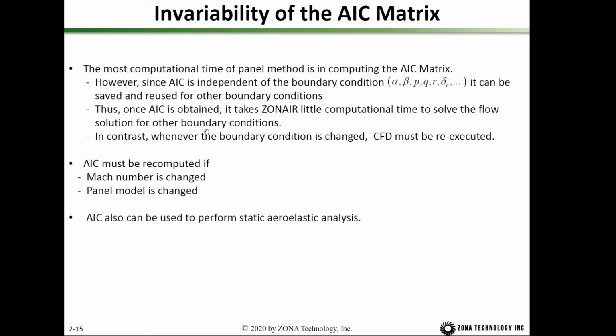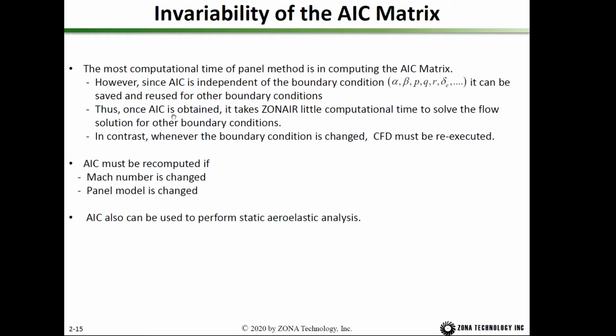So the most computational time of the panel method is in computing the AIC matrix. However, since the AIC is independent of the boundary conditions, the angle of attack, sideslip angle, pitch rate, roll rate, yaw rate, and the control surface deflection, it can be saved and reused for other boundary conditions.